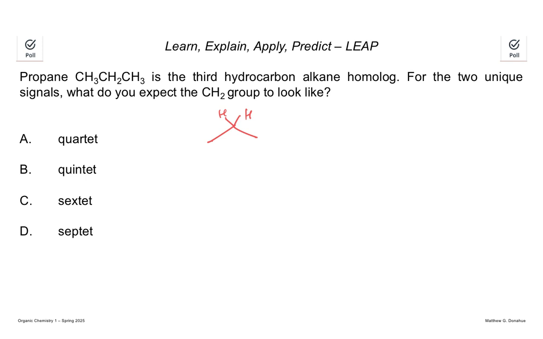That's its ratio, the 6 to 2. How many neighbors does it have? So 6. So 6 plus 1 is 7, so septet. So I'll tell you now, that's sort of an ideal case. It's pretty rare that you would ever see a septet in a more complex molecule.